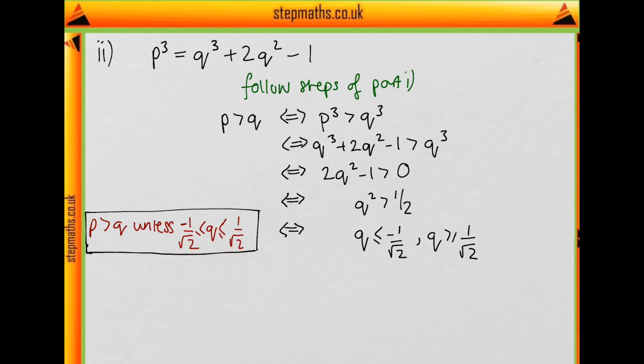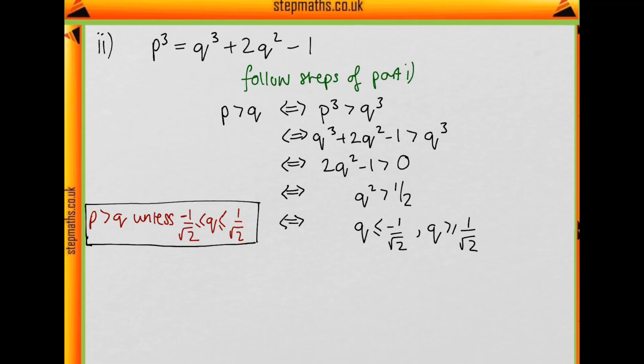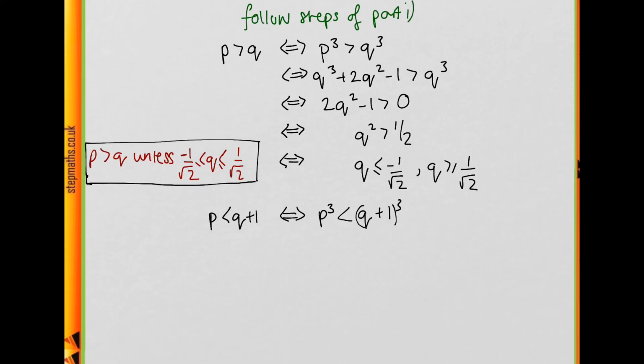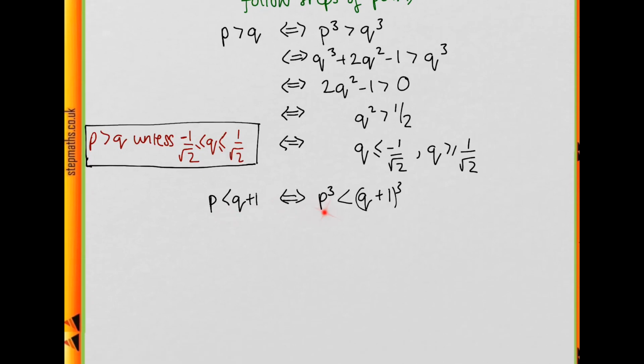Now we want to do again what we did in part I, which was to find the range for which p is less than q plus 1. That way we can bound p in a range. p is less than q plus 1 directly implies that p cubed is less than (q plus 1) cubed. Again, we've been using this theme throughout the question of cubing being a strictly increasing function. If we expand it out, we get p cubed is less than q cubed plus 3q squared plus 3q plus 1.